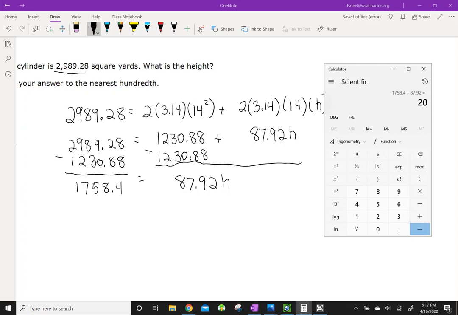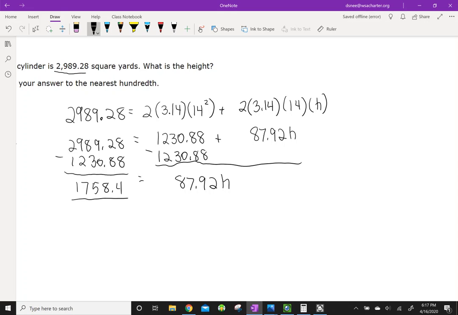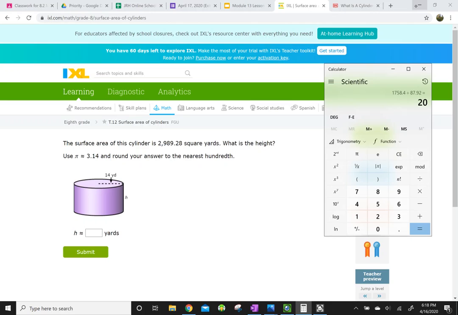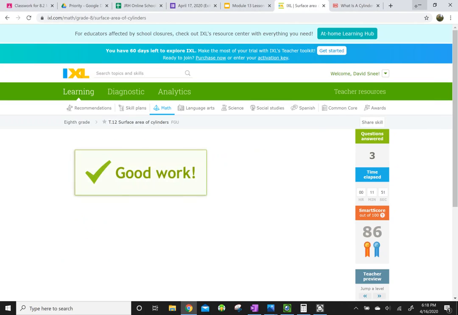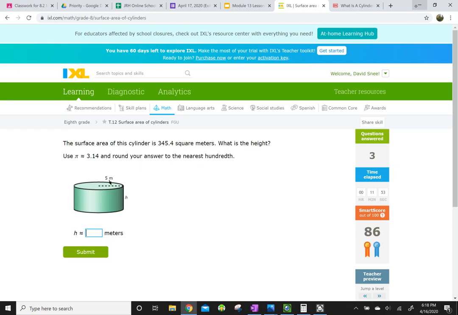If I divide both sides by 87.92, then I isolate my variable and I find that h is equal to 20. Okay, so we're going to try that. The height is 20. So this one gives us the surface area, and asks what the height is.